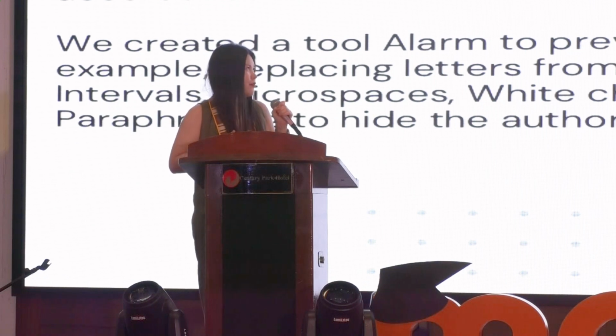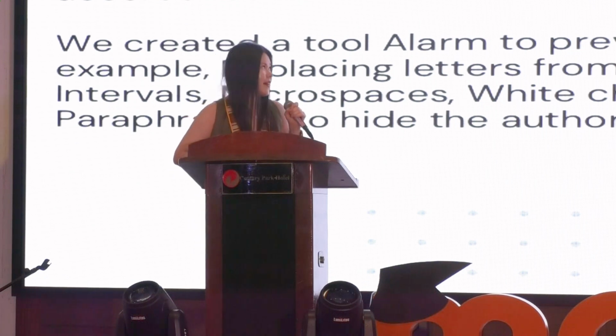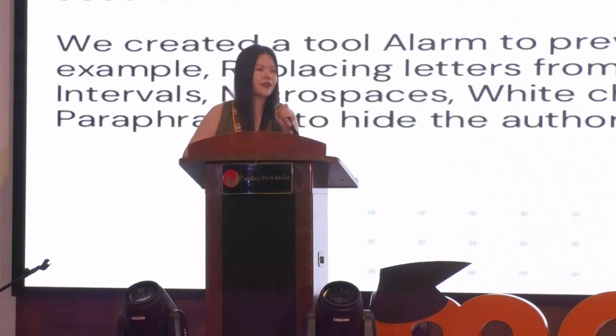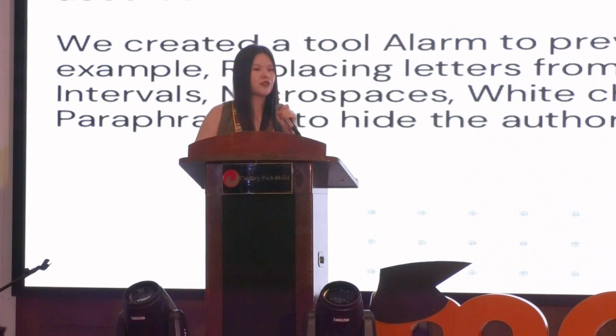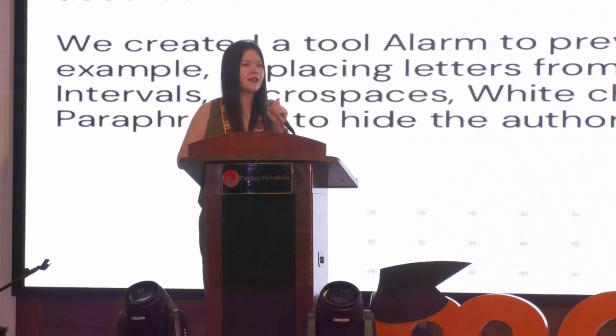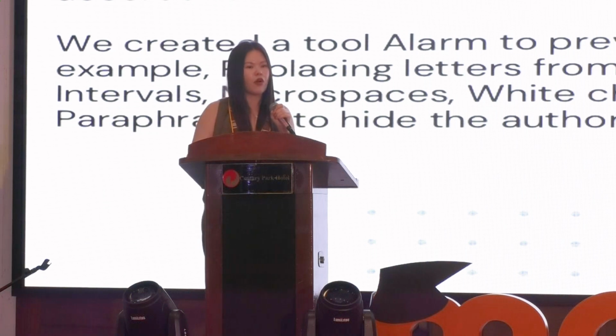But our platform can detect all the text manipulations, including characters from other alphabets, including spaces, microspaces, hidden characters, which you're not able to see in the original work. While you're checking the doc or the PDF file, you cannot see it.